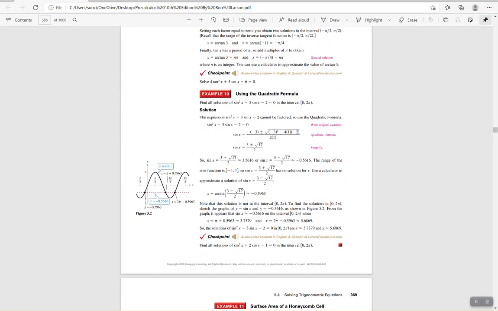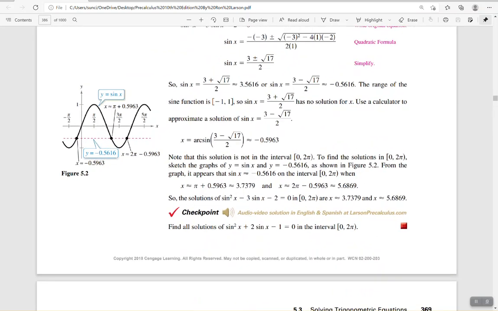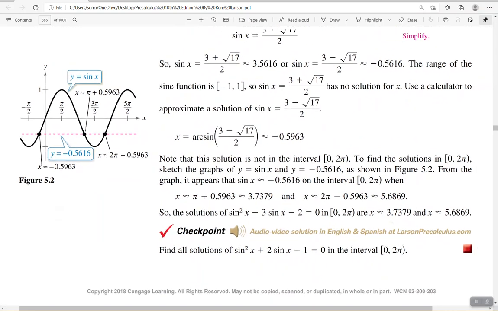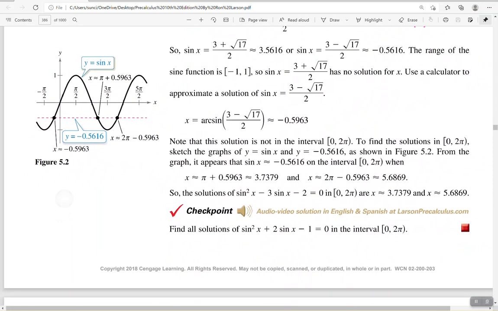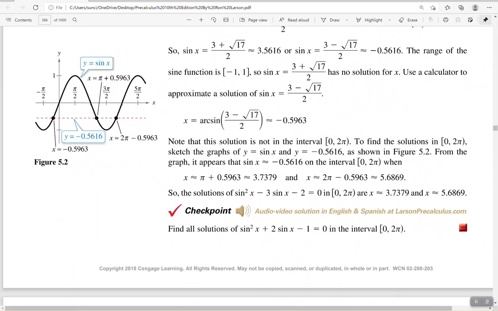We are here. Okay, so notice the first one was 3 point something, 3.5. The other was negative. Remember the range, right? We talked about this before: from -1 to 1. So obviously we can't reach this y value.